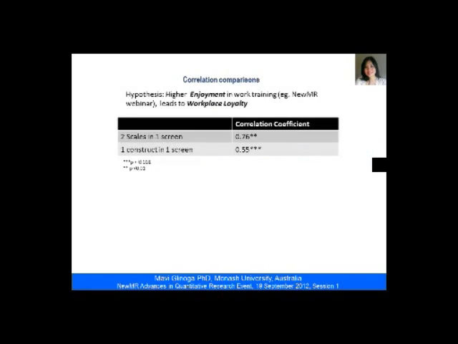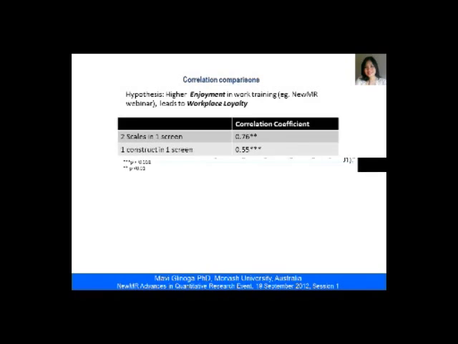So if we compare the correlations between the two types of design, the first design I've shown you, with 2 scales in one screen, gives a correlation coefficient of 0.76. Although it is significant, it's still quite high in comparison to when we test the relationship between enjoyment and workplace loyalty with one scale on screen, and the result is 0.55.